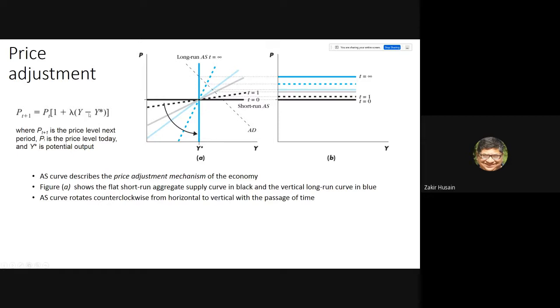The adjustment goes up. That means P(t+1) will be greater than P(t). So if Y is greater than Y star, then price is going to rise in successive periods. If Y is less than Y star, this will be negative. That means price will go down with the passage of time.